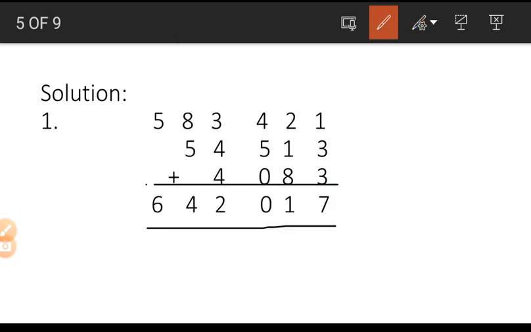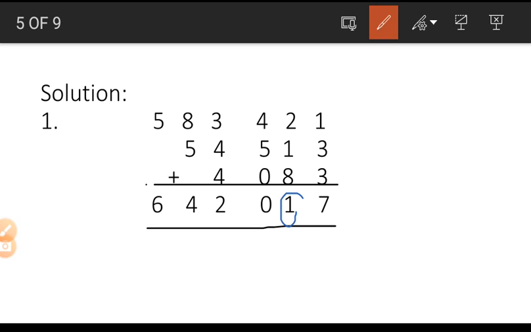Now, adding is not a very difficult thing. It means to count together. 1 plus 3 plus 3 gives a 7. 2 plus 1 plus 8 is 11. So we put down 1 and carry 1. 1 plus 4 plus 5 plus 0 is 10.